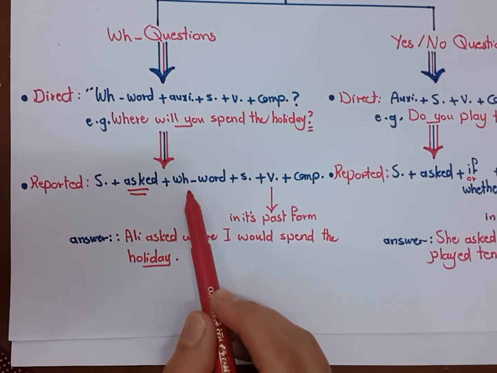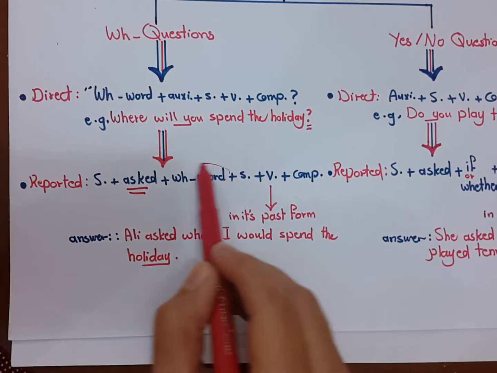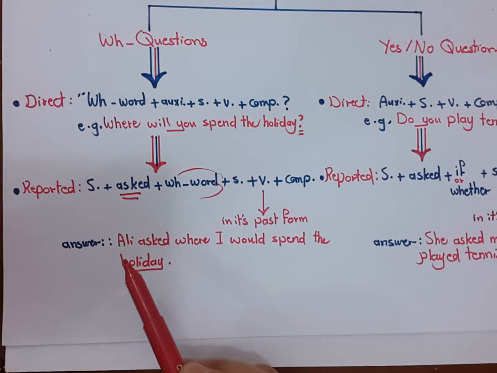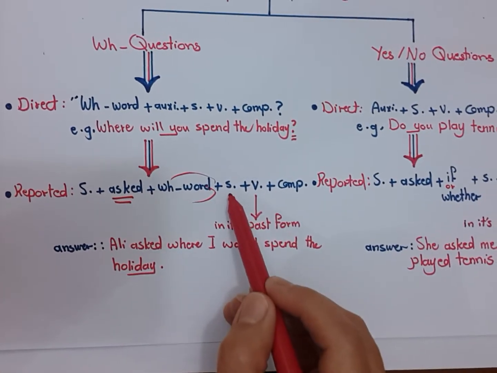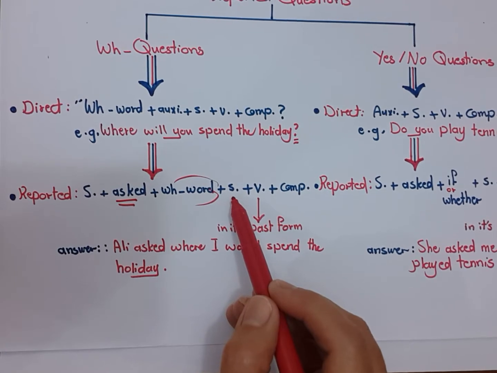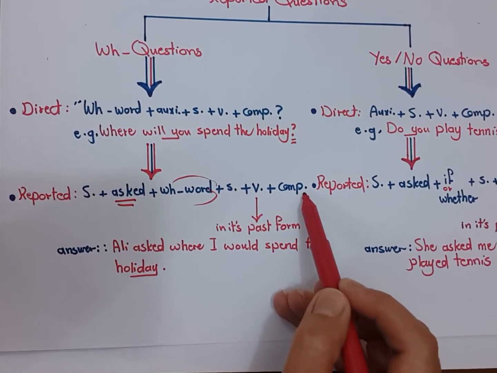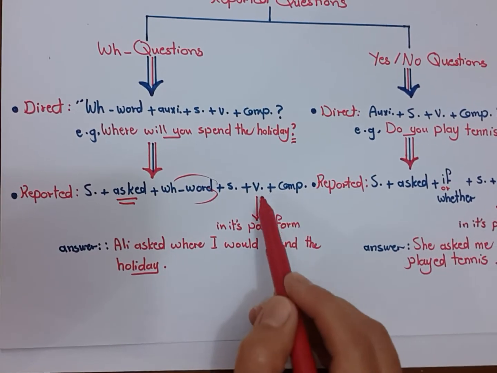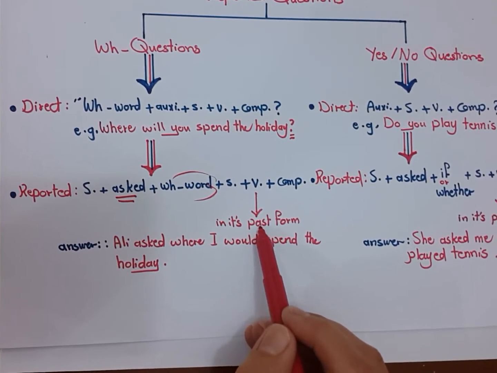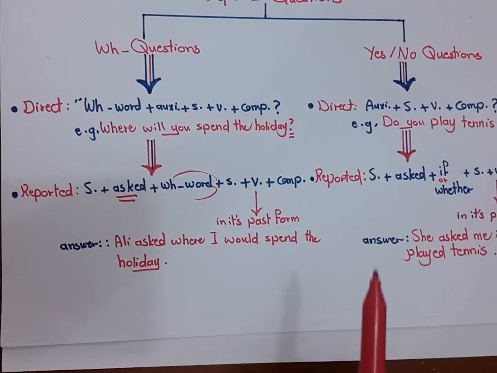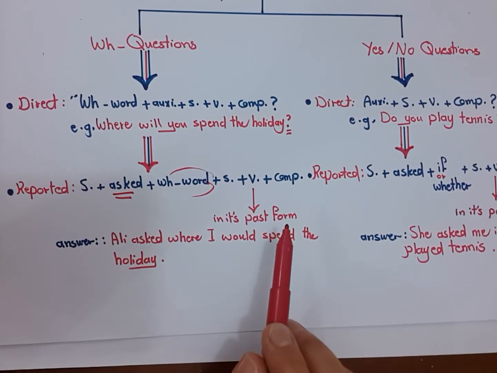Then the WH word, then the same subject and the verb, then the complement. The verb will be in its past form, as we have stated in the reported statements.